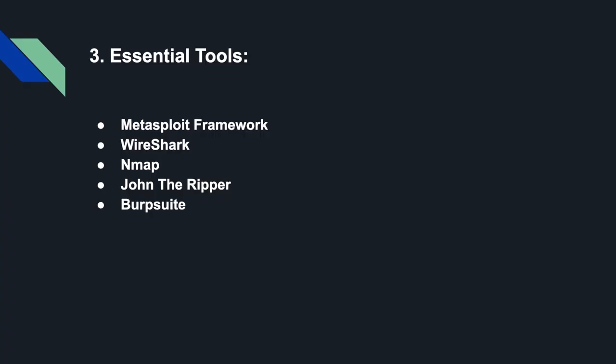The essential tools that we use are Metasploit framework, Wireshark, Nmap, John the Ripper, and Burpsuite. All tools are important. Burpsuite is generally important, and it also has an alternative, OWASP ZAP, that I will show you. Burpsuite is a very good all-in-one tool.